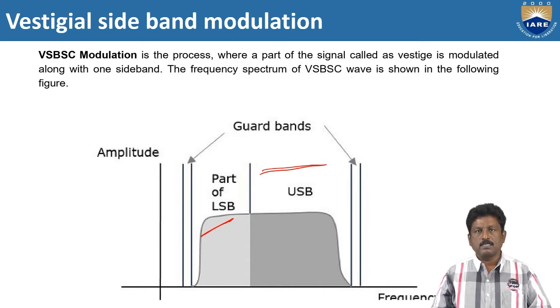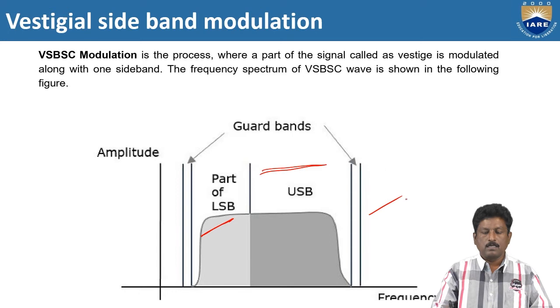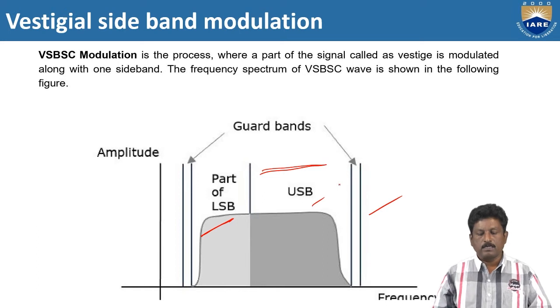While retrieving the information signal at the receiver side, with the help of this modulated transmitted signal, which consists of one complete sideband along with a part of the other sideband, you can easily retrieve the other sideband. You can see the diagram here. It is the combination of one complete sideband, in this case the VSB upper sideband, and a part of the other sideband, that is the LSB.